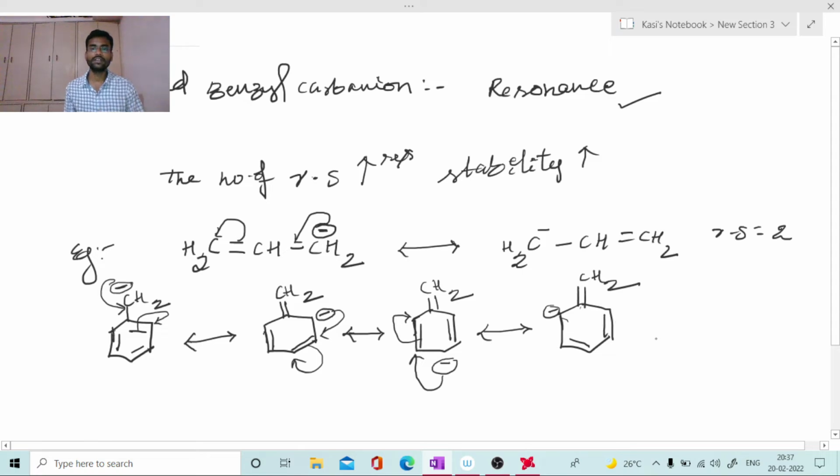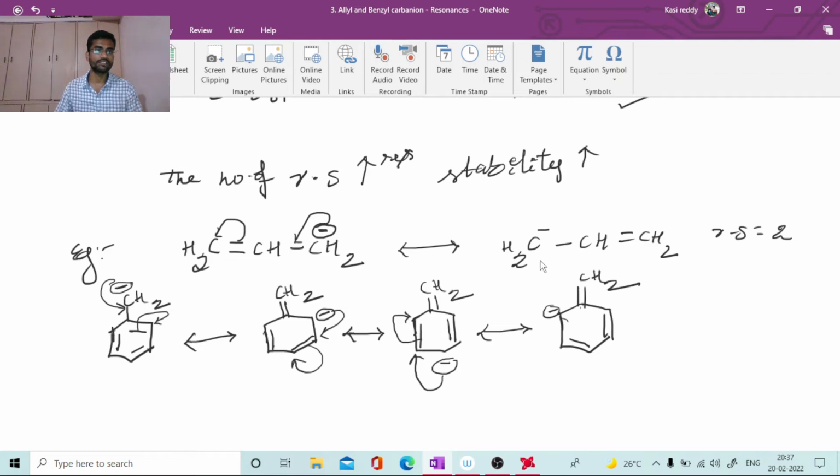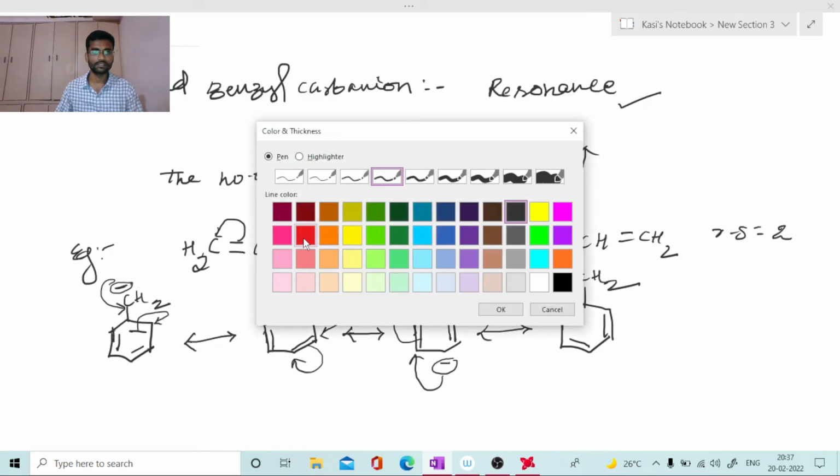So these are the four cases. What is happening? The negative charge is involved in the delocalization process.